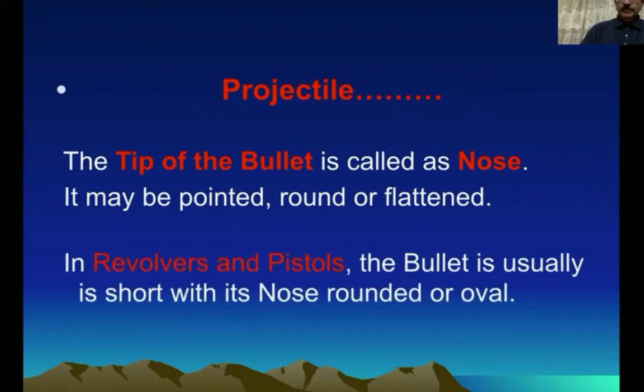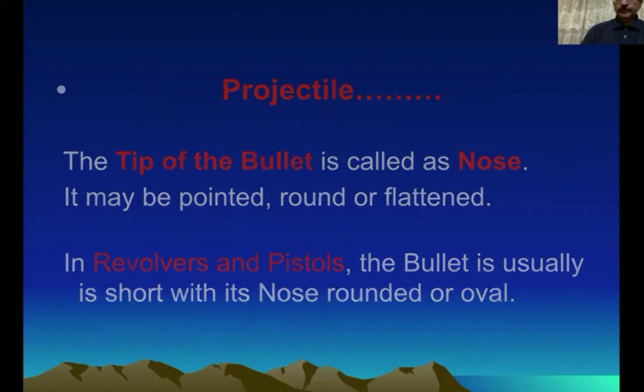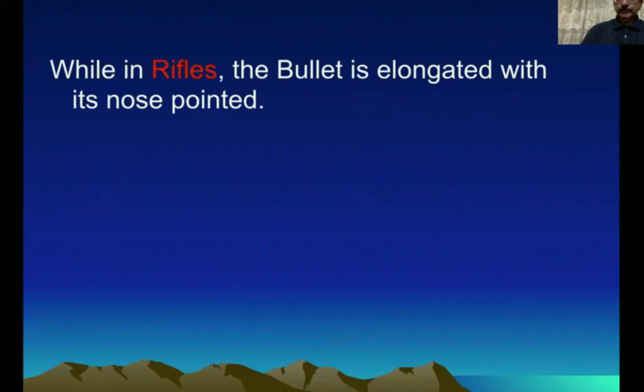In the revolvers and pistols, the bullet is usually short and with the nose rounded or oval. While in rifles, the bullet is elongated and with a pointed nose.